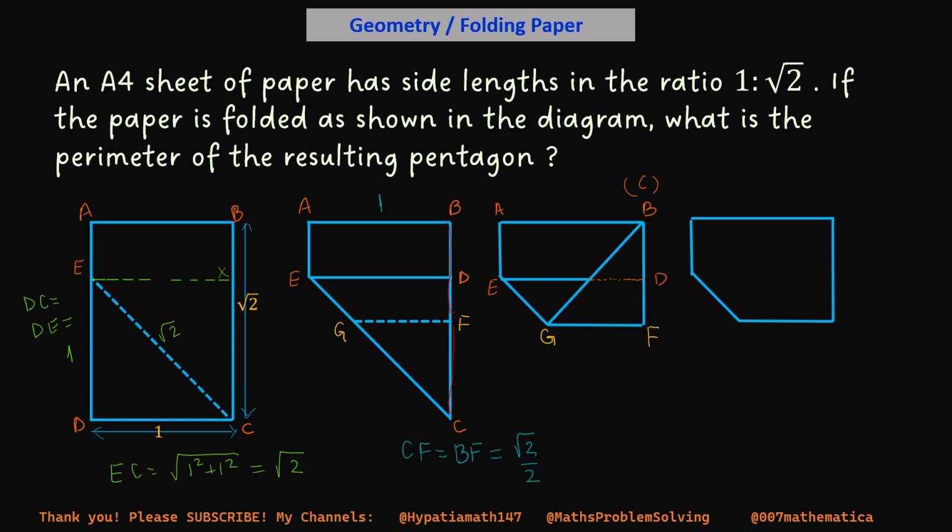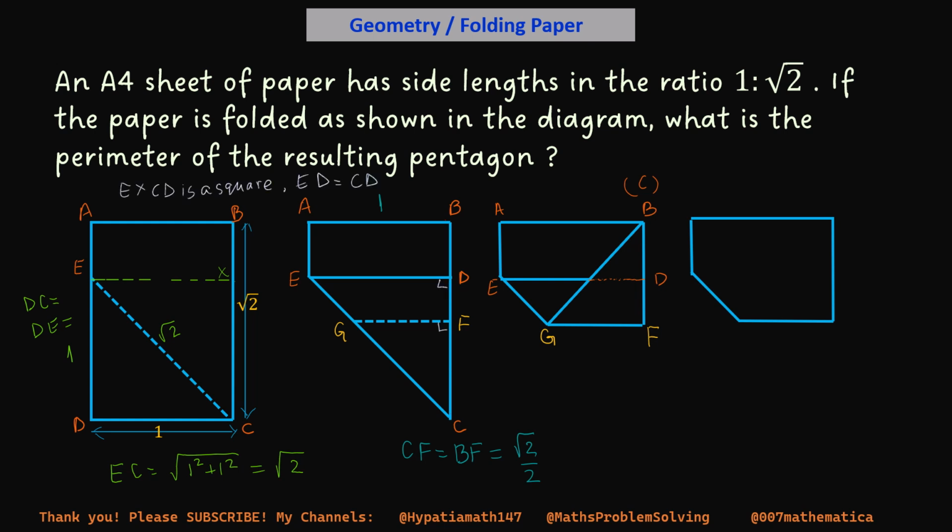That is how you can fold. I mean, C goes on to B when it is being folded into half, so CF is BF, and BC is root 2, so CF equals BF equals root 2 out of 2.